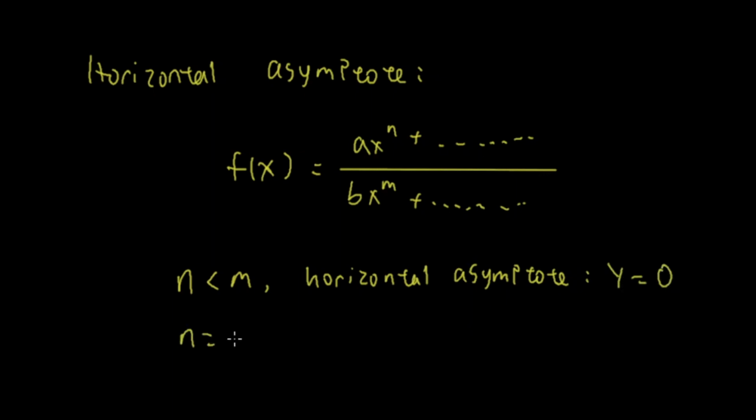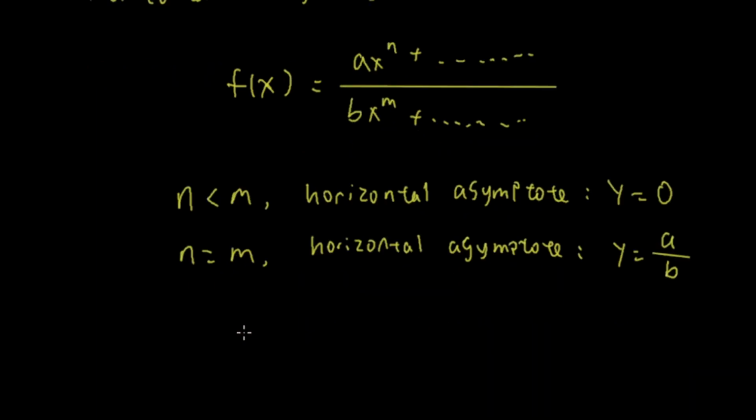And if N is equal to M, the horizontal asymptote will be y equals the leading coefficient in the numerator divided by the leading coefficient in the denominator, which is a over b. Now, if N is greater than M, there's no horizontal asymptote.